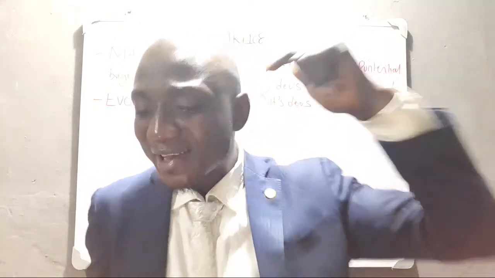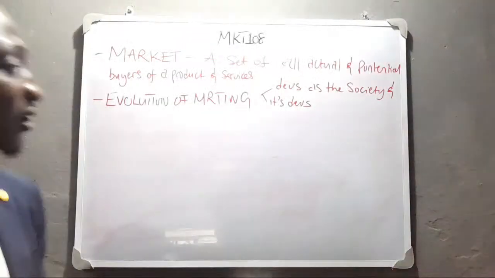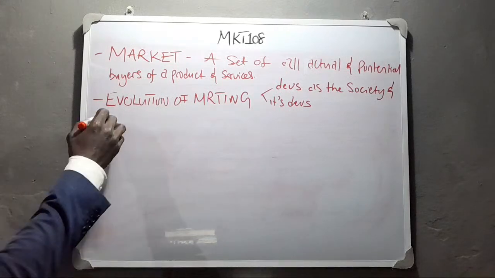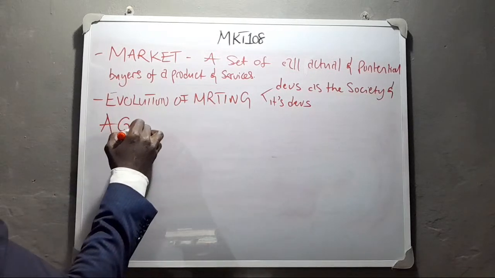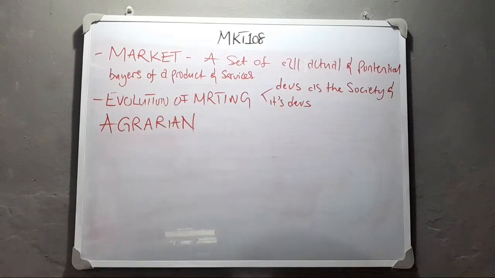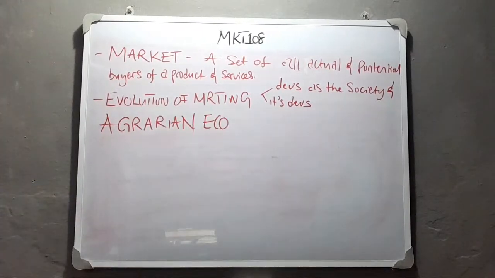Now there's an era called agrarian economy. This economy is self-sufficient. It's an agricultural economy whereby everybody grows what they need.